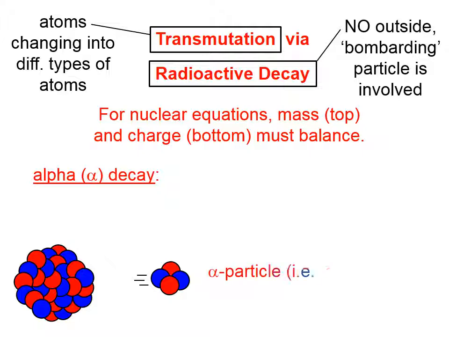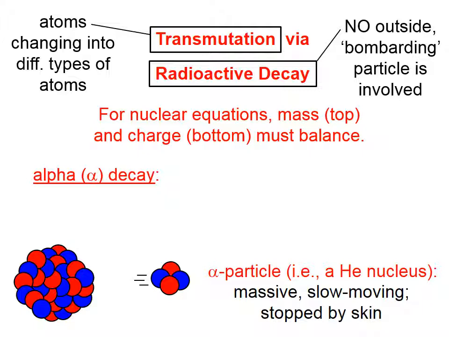It's a chunk of the nucleus that consists of 2 protons and 2 neutrons. The alpha particle, which is actually the same thing as a helium nucleus, is quite massive for a radioactive particle, much more massive than a beta particle, which we'll talk about in a little bit. And because they're so massive, they move relatively slowly, and they don't penetrate human skin.